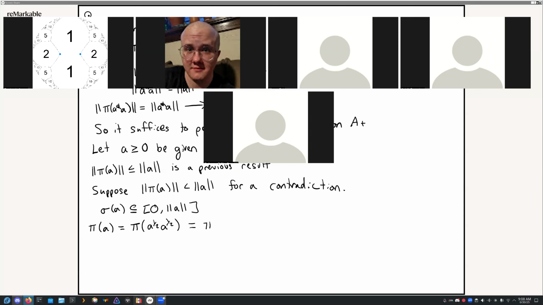So that's pi of square root of A star pi of square root of A. In particular, this tells us that the spectrum of pi of A is contained in the closed interval from 0 to the norm of pi of A.